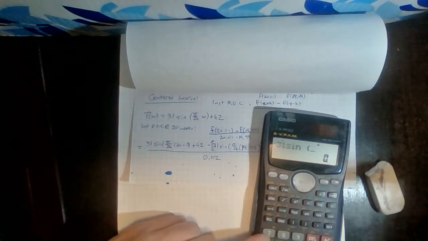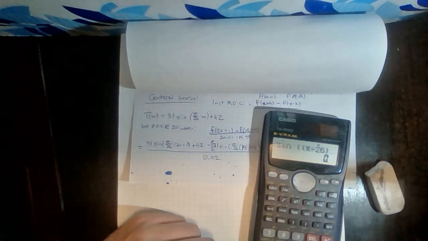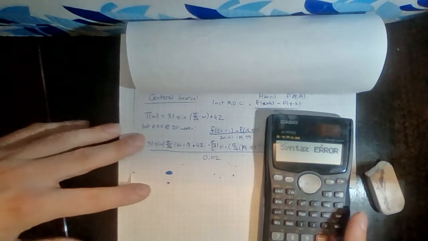Pull out our calculator. Again, make sure it's in radians mode. So we're going to do 31 sine of pi divided by 26 times 20.01 plus 42.